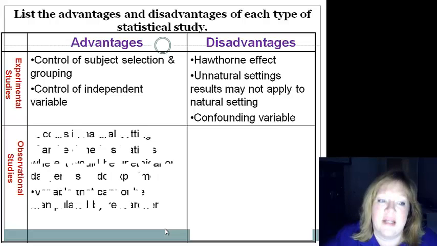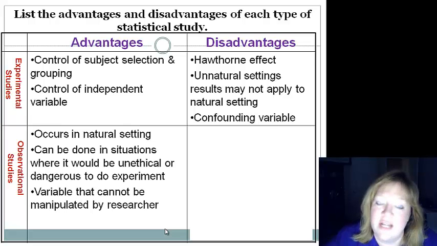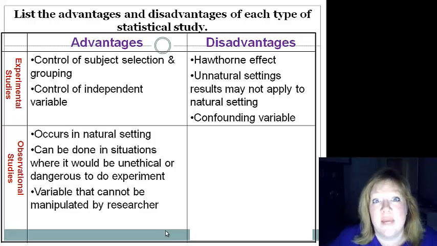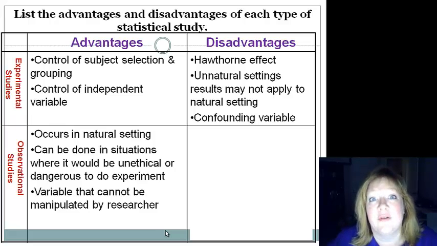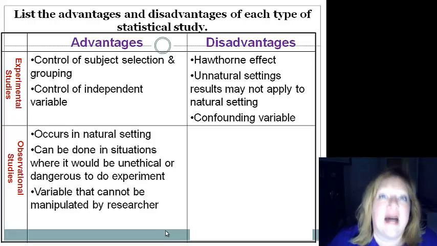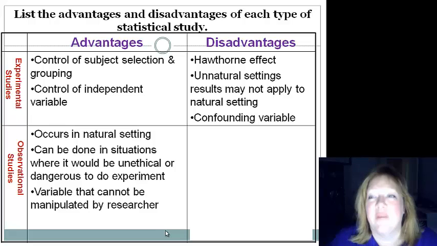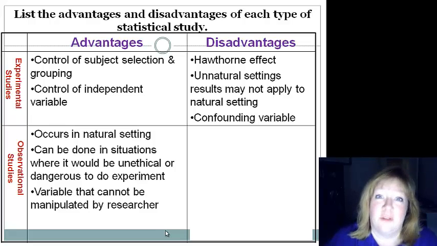Observational studies. Advantage: occurs in a natural setting. It can be done in situations where it would be unethical or dangerous to do the experiment. For example, they might do a study on gun owners and how many people have accidental shooting deaths in their homes. They compile that information, but they wouldn't want to actually do that and encourage people to shoot each other.